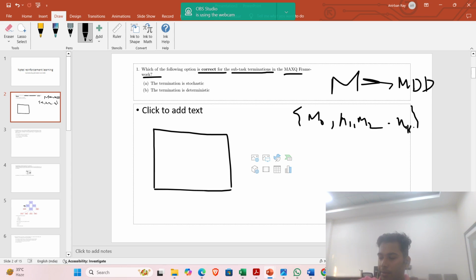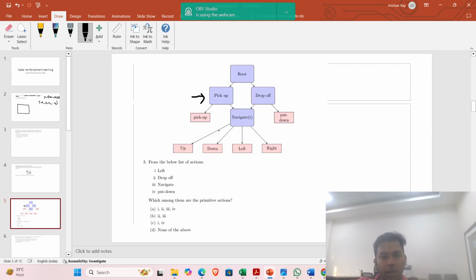So the K semi-MDPs here are the subtasks we are trying to achieve. Here the root MDP is doing all the activities and leading to success, and the smaller MDPs are smaller actions like pick up at R, pick up at G, drop at P, something like that.